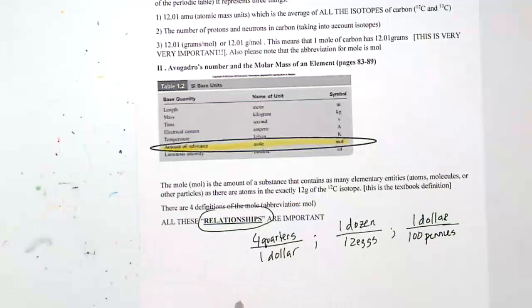So like this, we want to do the same things for a mole, so that we can convert. There's 4 things that I want you to know. Let's first go over definition 1.